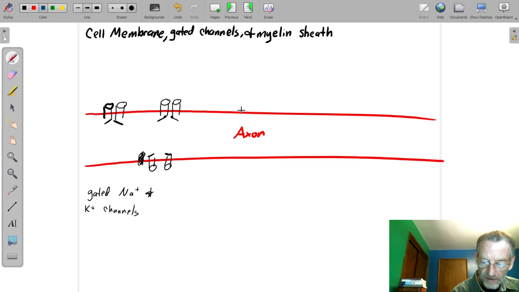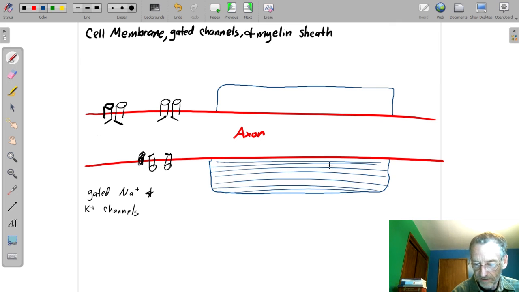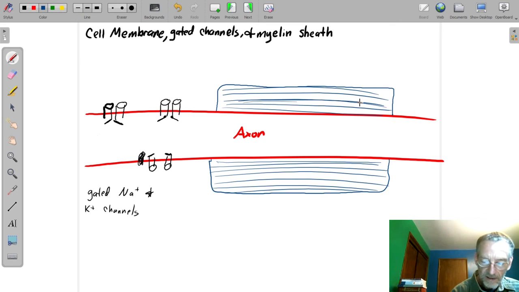And you have these myelinating cells that wrap around bits of the axon, little segments, and there are multiple layers. And this forms our myelin sheath. There's just one segment, and they're scattered all along the axon. So this is our myelin sheath.